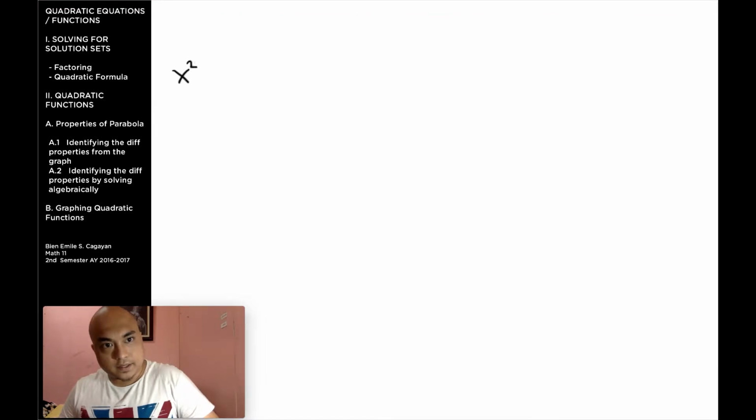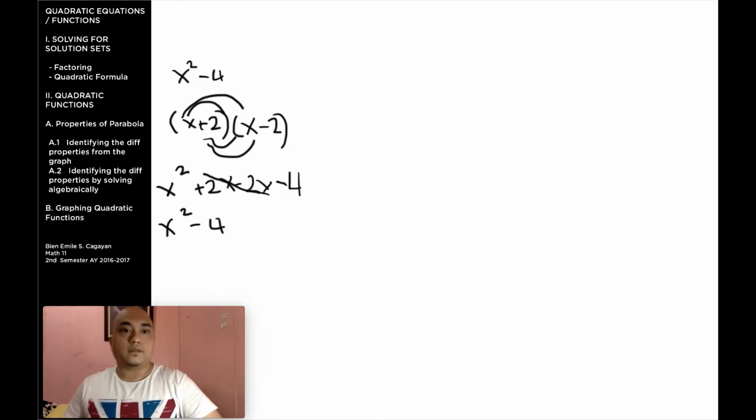For x squared minus 4, we know that the possible factors are x plus 2 and x minus 2. To check, we just have to use the FOIL method again, to see that those are the factors of x squared minus 4.